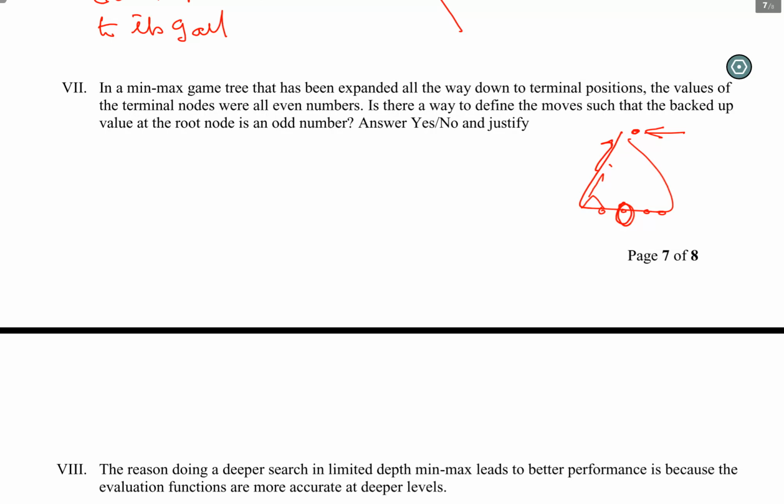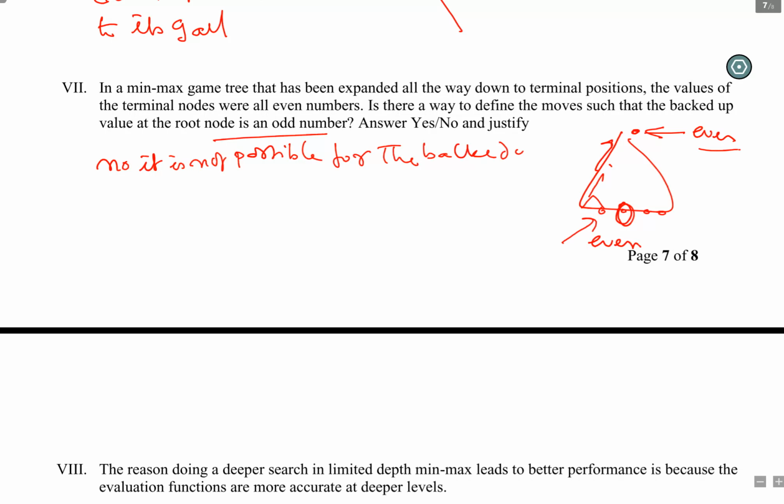So what that means is, if everything here is even, then this has to be even too. It can't be odd. Okay. So the answer here is no, it is not possible for the backed up value to ever be odd in this case.